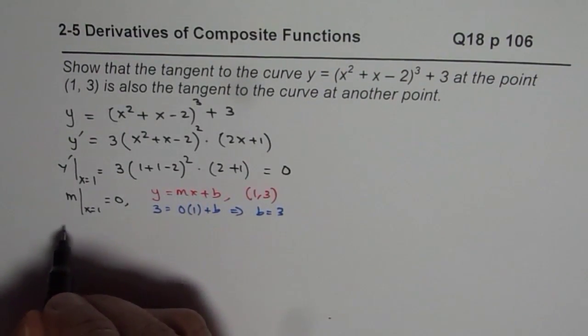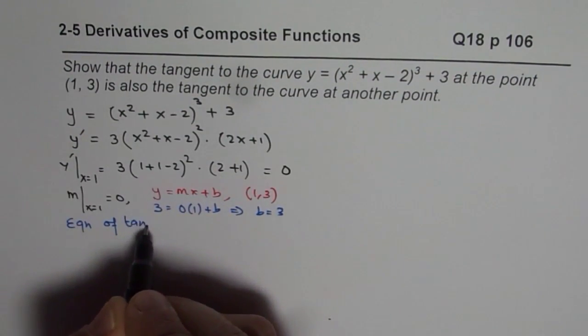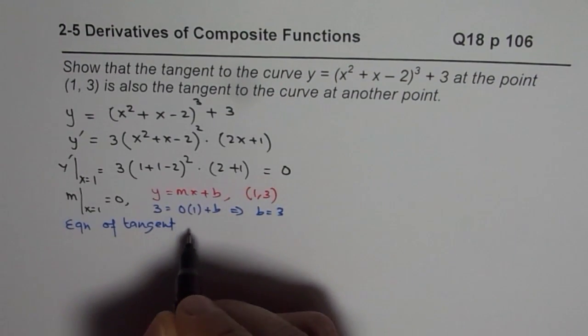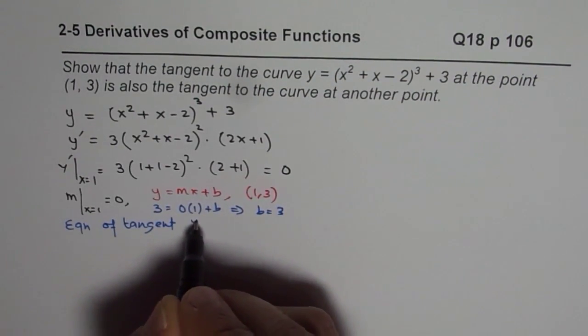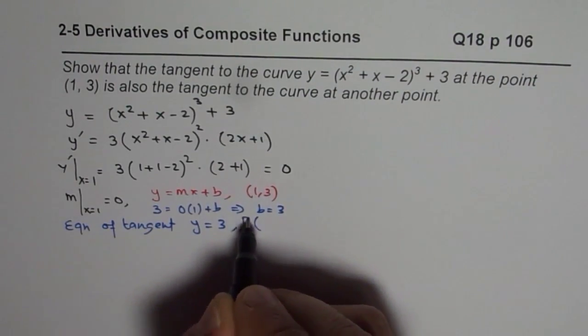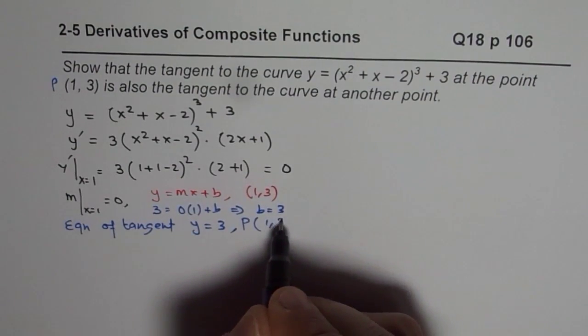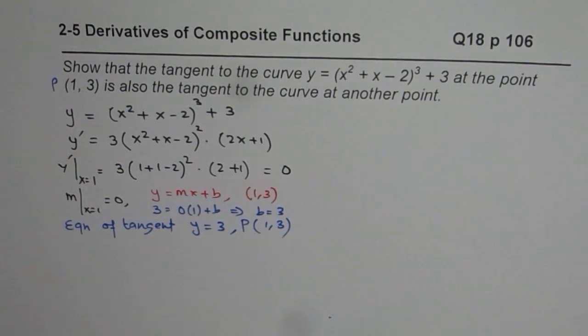So the equation of the tangent line is y equals 3 at the point P, let's call this point P (1, 3). That is the equation of the tangent line.